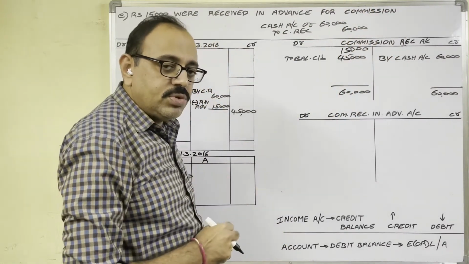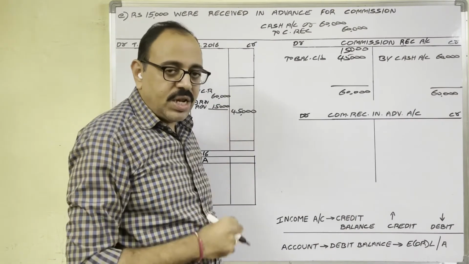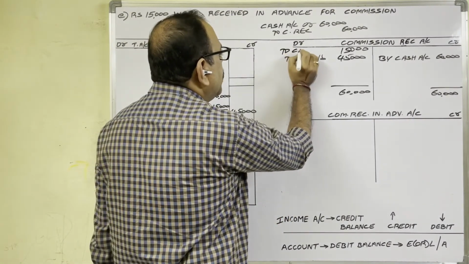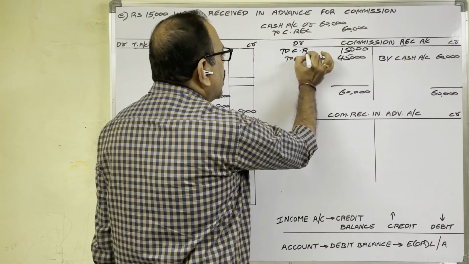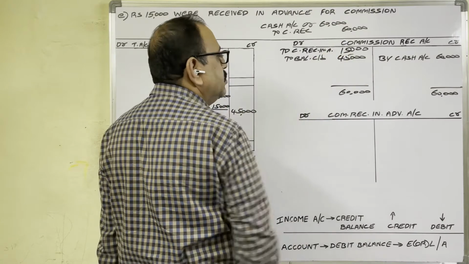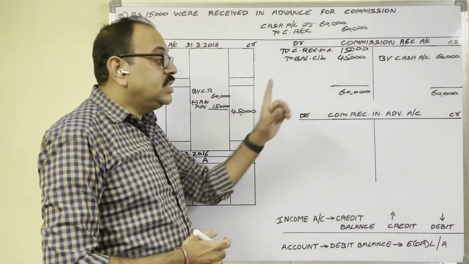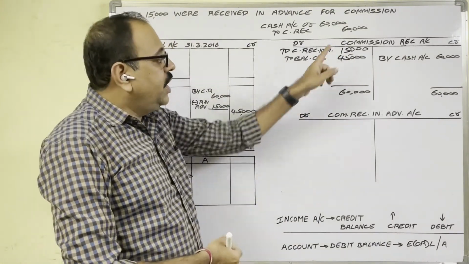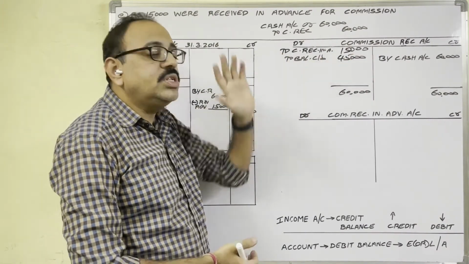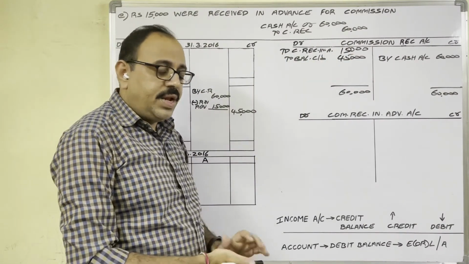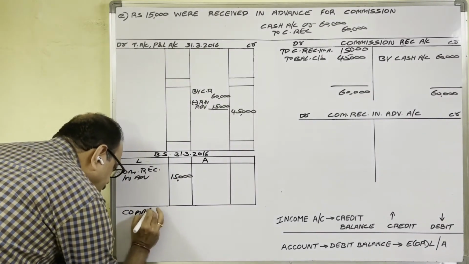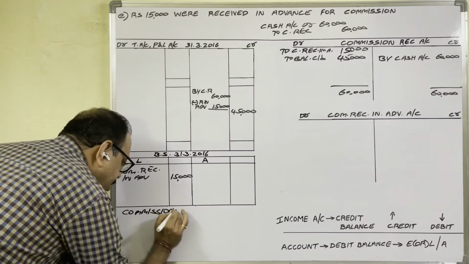What is this 15,000? Commission received in advance. In the particulars column, we should write that account name: To commission received in advance account. So what should be the journal entry for this? In the commission received account, we want to post 15,000 on the debit side. Then while writing the adjustment entry, the commission received account should be debited.